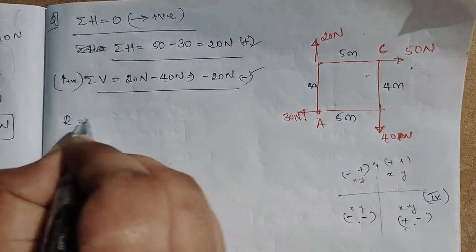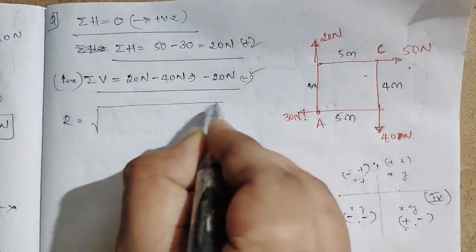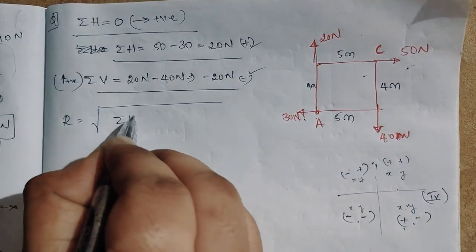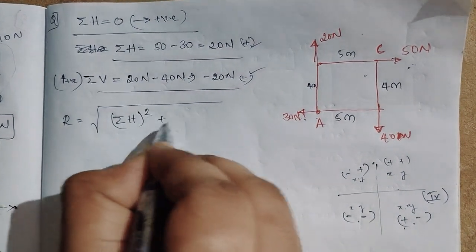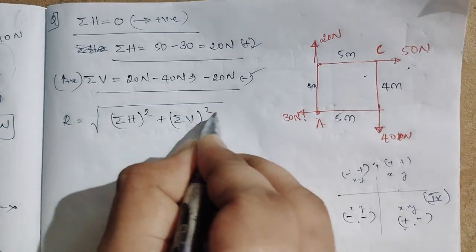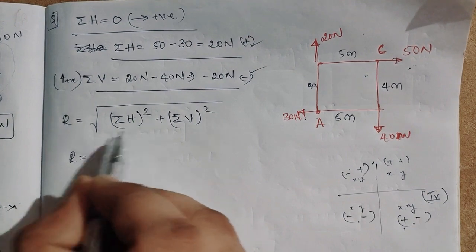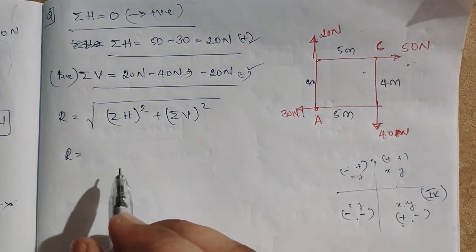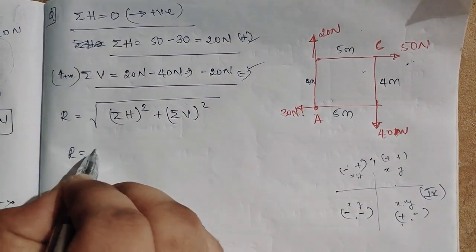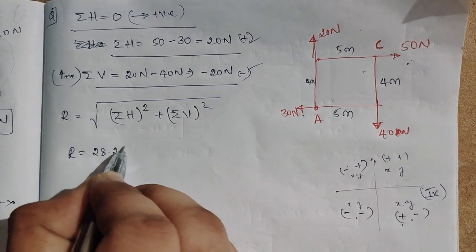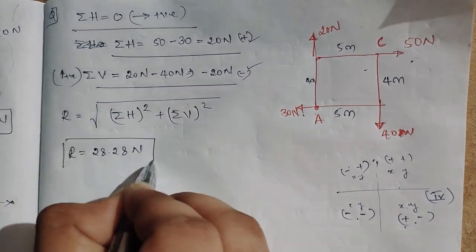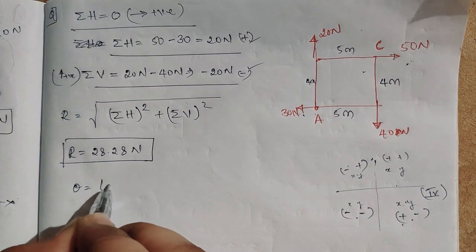So by this also we can estimate the resultant force. So let R be the resultant. You have to write let R be the resultant. Then you have to write the formula, square root of summation of H square plus summation of V square. So R is equal to square root of 20 square plus 20 square. I'll write directly 28.28 Newton. What is theta?